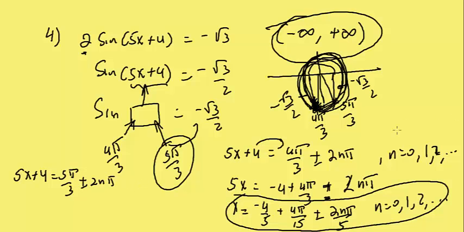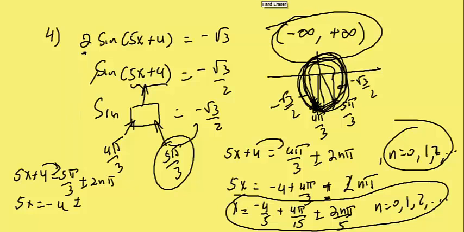Of course, we already stated what n was, so I'm not going to restate that. I'm going to take the 4 over to the other side. I get 5x equal to negative 4, there's no plus or minus here, so just a plus 5 pi over 3, and now I have plus or minus 2n pi.